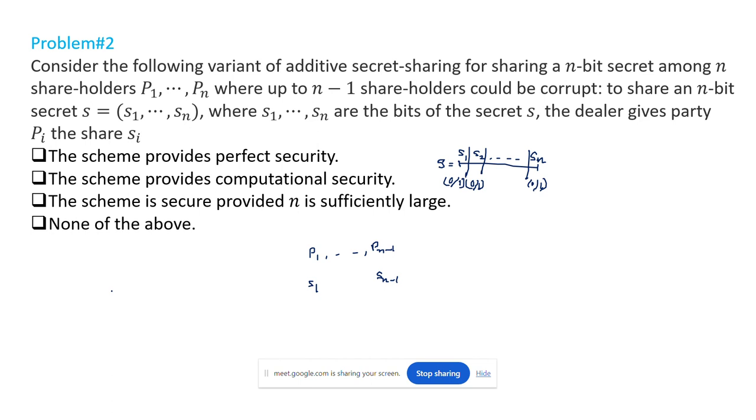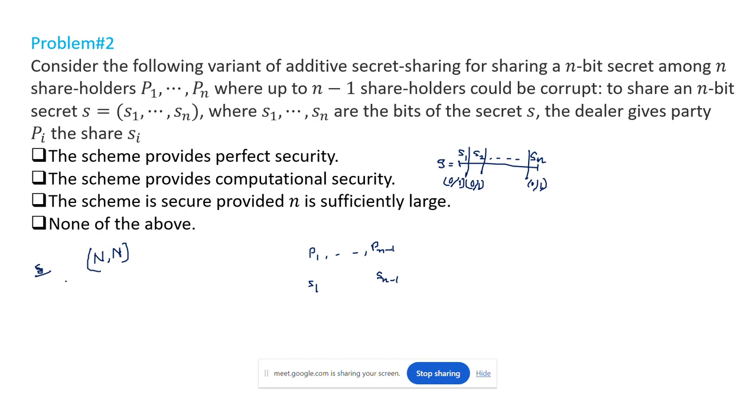Let's say you have an n-bit secret S. How do you do the additive secret sharing? There are n number of parties.